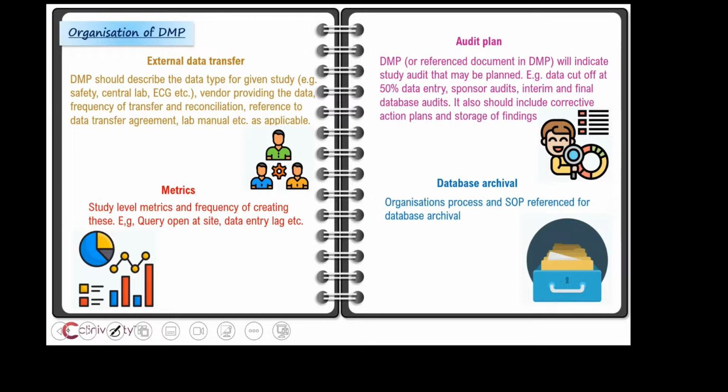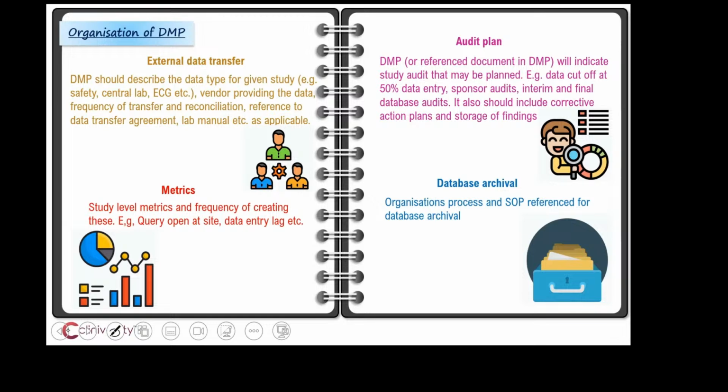Audit plan. For the audit plan, the DMP, or another document referenced within the DMP, should either define the on-site or corrective action plans or refer to the documents that cover the processes. All interim and final study database audits will also be defined.